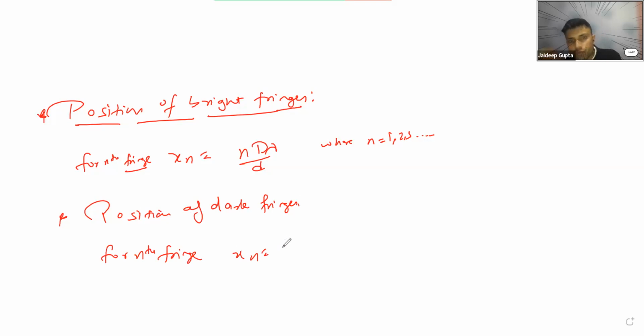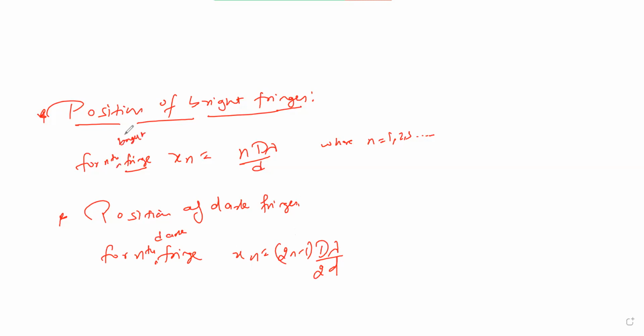Xn equals, for the nth dark fringe, (2n minus 1) lambda D over 2d. Okay, sir. Once you are done, then let me know.